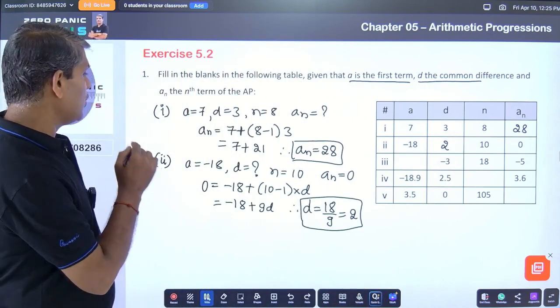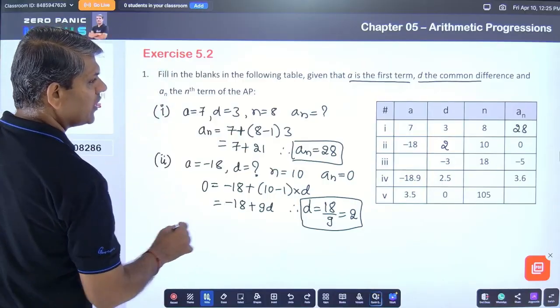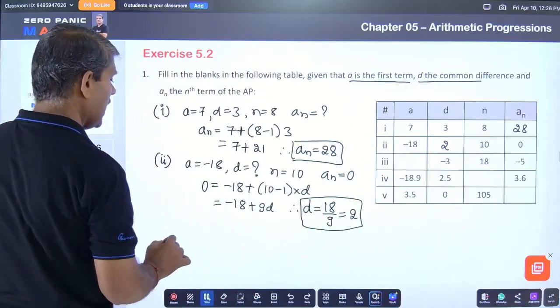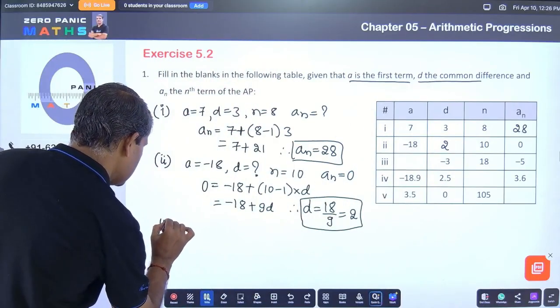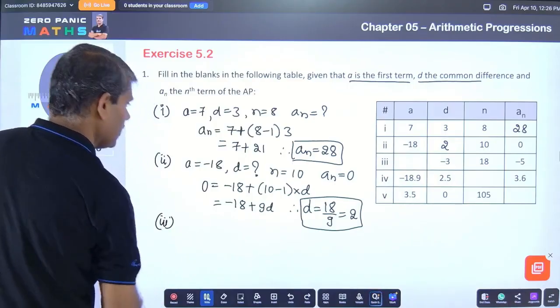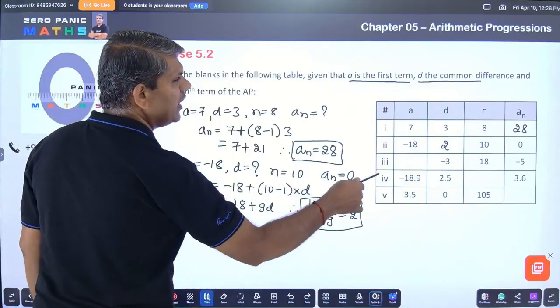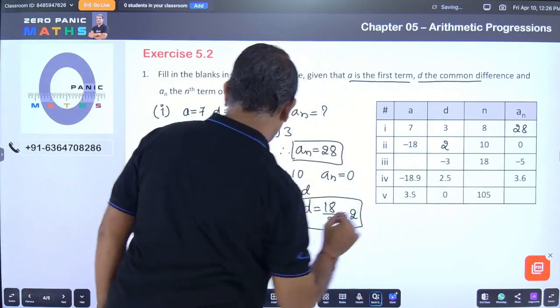Now let us look at the third problem. In the third problem, we need to find out a only, and the remaining three are given. Let me write the values directly. a_n is minus 5.